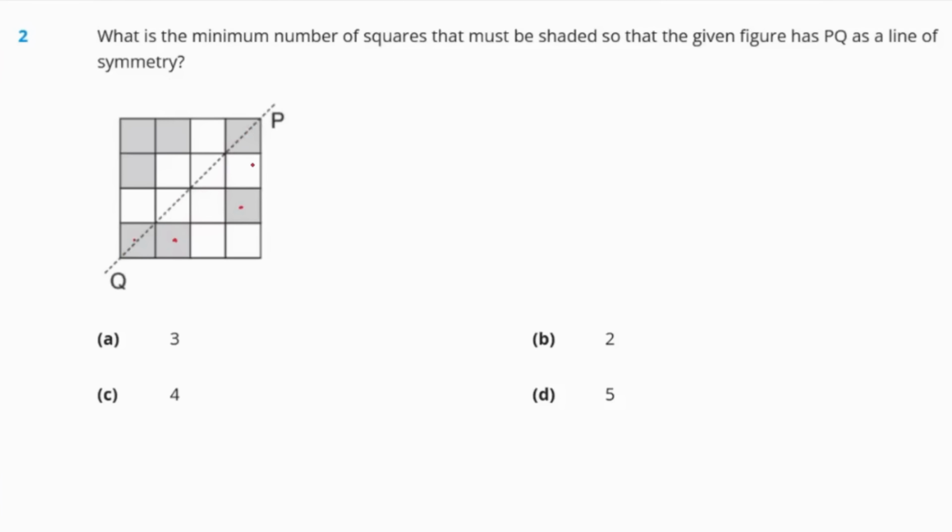At least 3 squares should be shaded to make PQ the line of symmetry. So the minimum number of squares is 3.